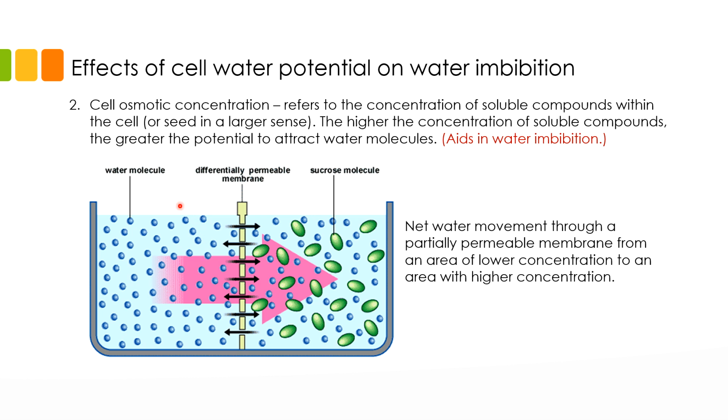So if you look at this illustration here, when you have two systems separated by a differentially permeable membrane, you can expect the water to move through the membrane from an area of lower concentration to an area with higher concentration. In mature seeds, the drying process makes the seed a highly concentrated system. This concentrated system aids in water imbibition.